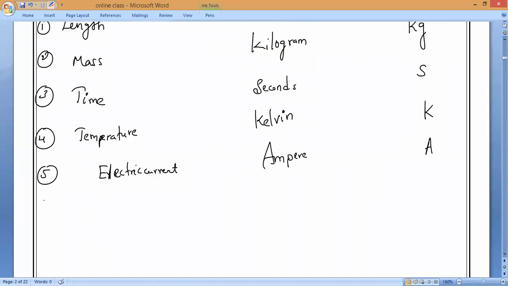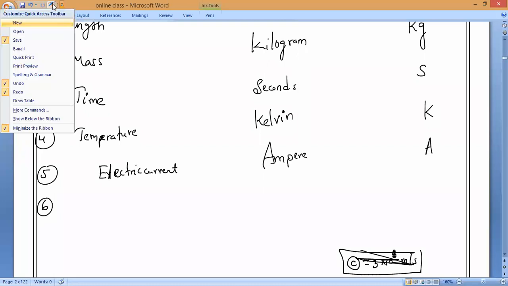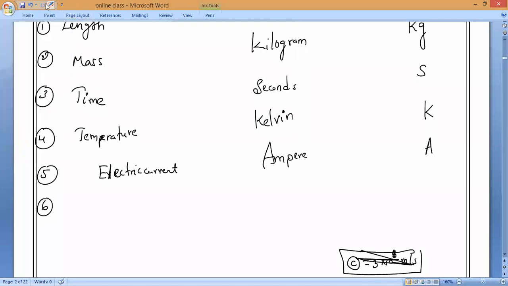Next, you might have heard a word called intensity of light. Rod cells and cone cells, we might have studied that. Do you remember, everybody? You might also know the speed of light in air, which is represented with the symbol C. Just for your purpose, the next physical quantity is luminous intensity.